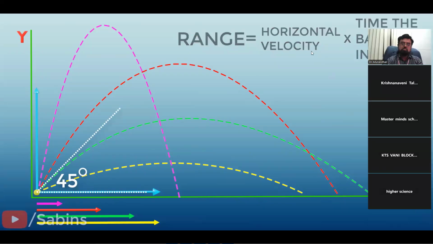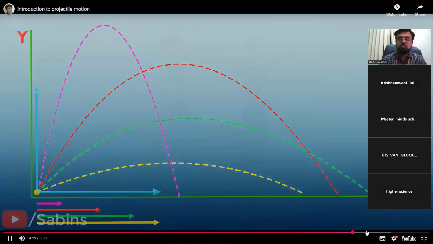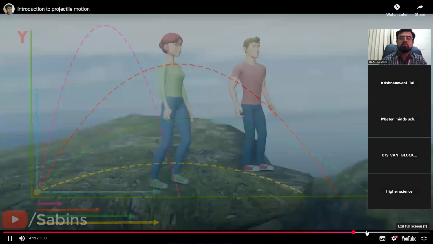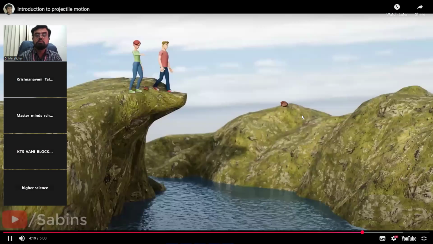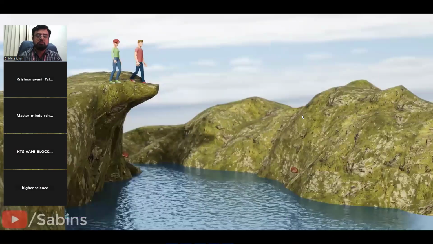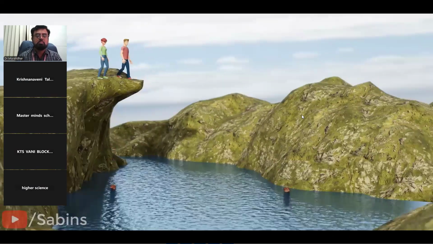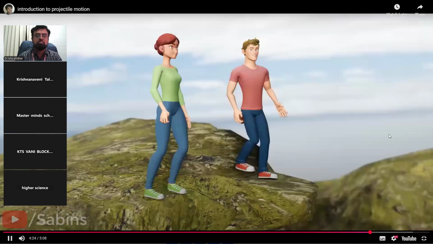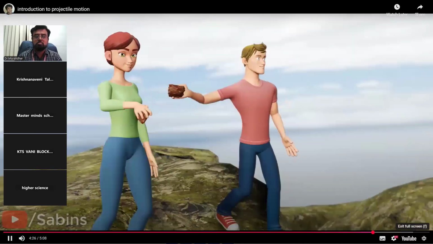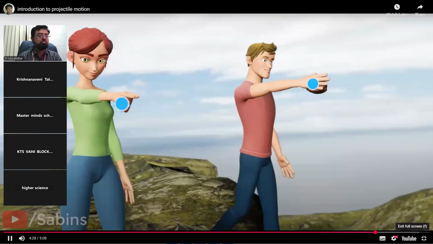With this understanding of projectile motion, it becomes quite easy to solve the question we posed at the beginning of the video. The time it takes for the stone to hit the ground depends only on its vertical velocity. Even if you have given a high horizontal velocity to your stone, its vertical component is 0. This means both the stones have the same vertical component of velocity at the beginning, 0.